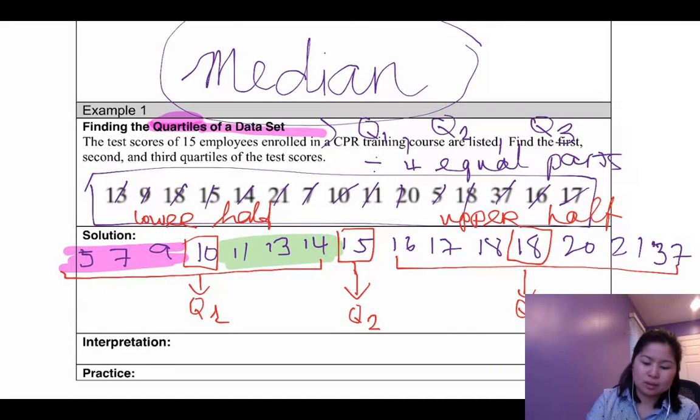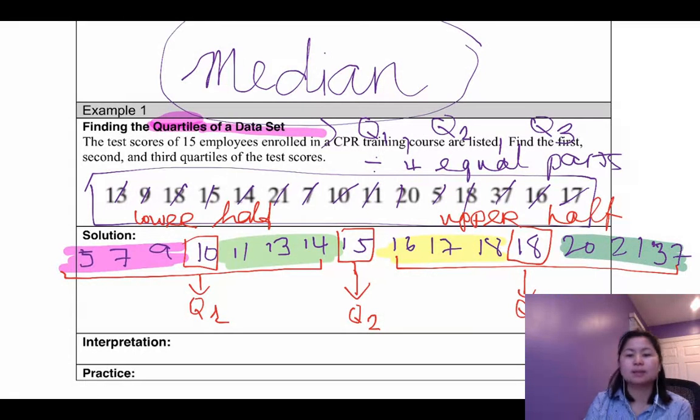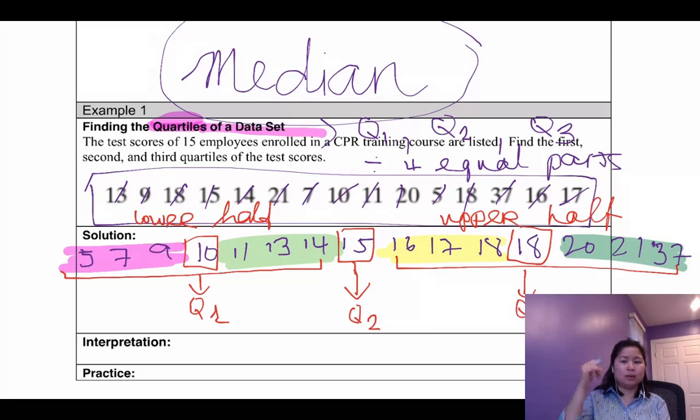From Q2 to Q3, that's the 3rd part. And the last one is from Q3 all the way to the highest value, that's the 4th part. So even though we only have 3 values, Q1, Q2, and Q3, they split the whole data set into 4 equal parts.